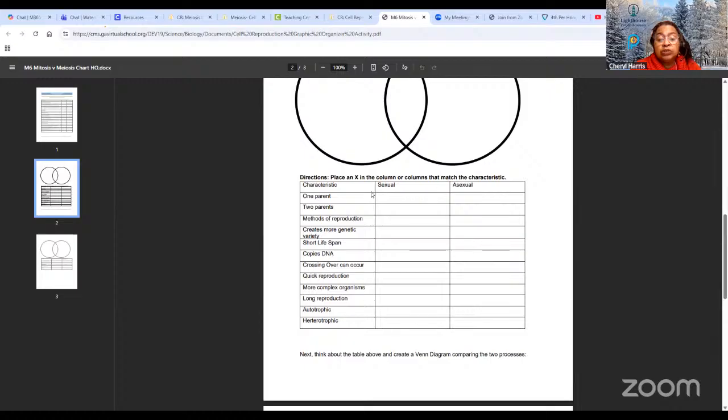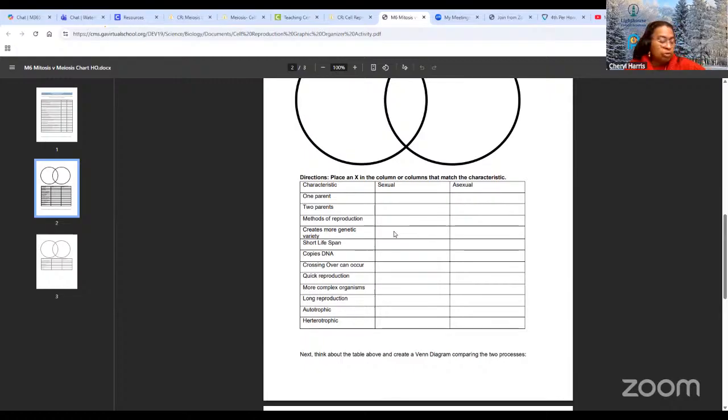All right, sexual reproduction requires two parents. Asexual, one parent. They are both methods of reproduction, so you would have an X in both columns. Creates more genetic variety would be sexual reproduction. Asexual is like mitosis.